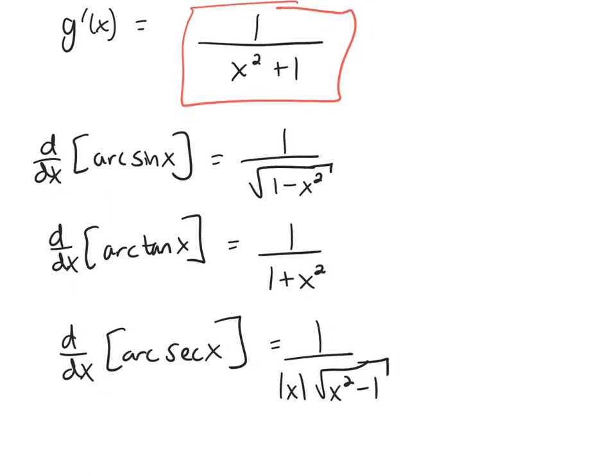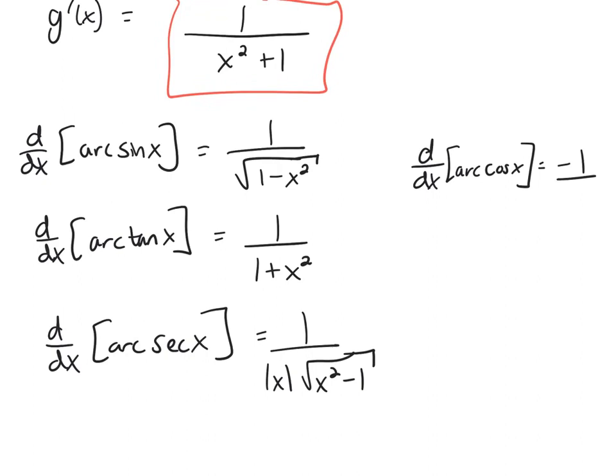And so the other three, the derivative of arccosine will be a negative 1 over the square root of 1 minus x squared.